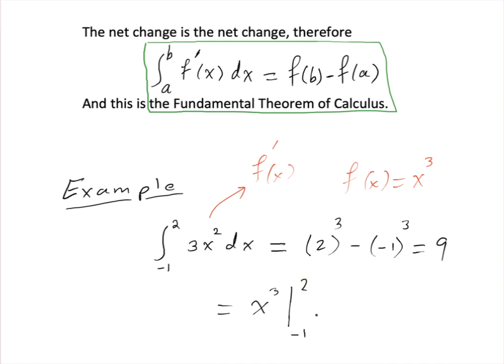This notation means to evaluate this function at the top, so x is 2, so this to the third power, minus, now plug in the negative 1 to the third power, and then simplify. So this is the notation we're going to use when we solve these integration problems.